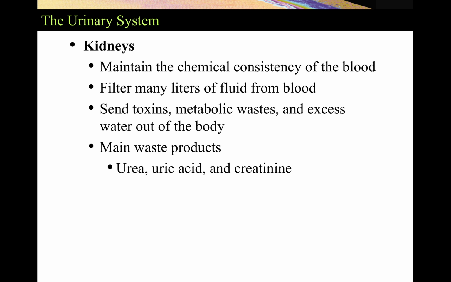So some of the main functions of the kidney include maintaining the chemical consistency of the blood. When we talk about chemical consistency, some of the things that we're focusing on are the ions, which include calcium, chloride, potassium, sodium.